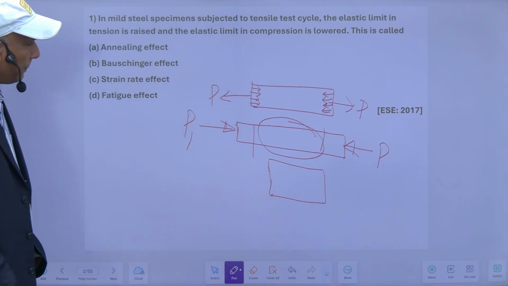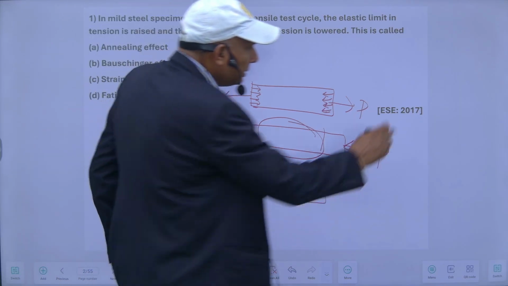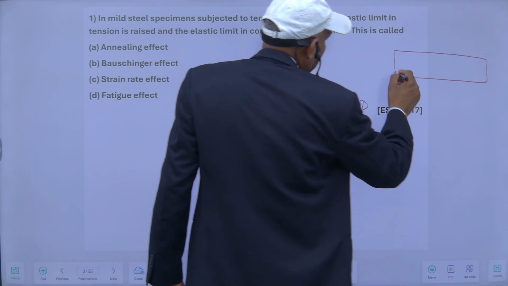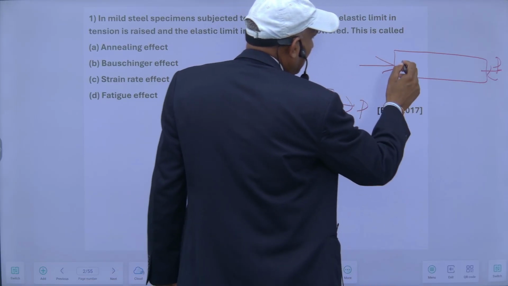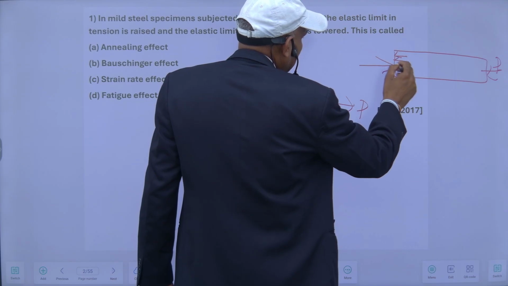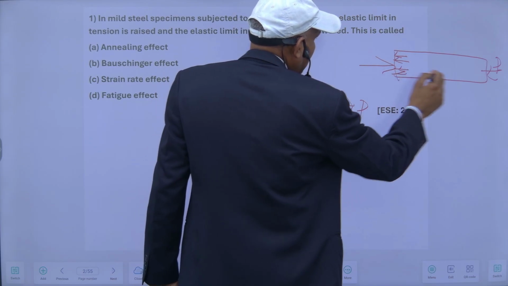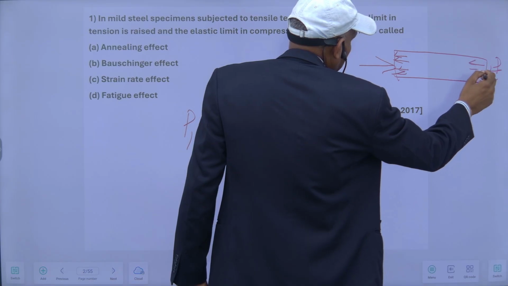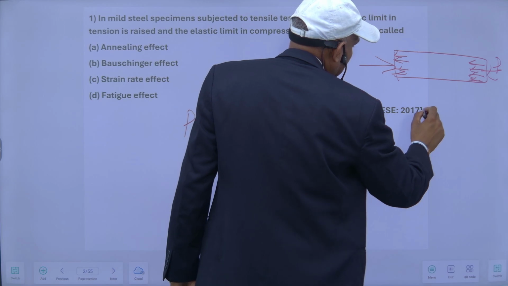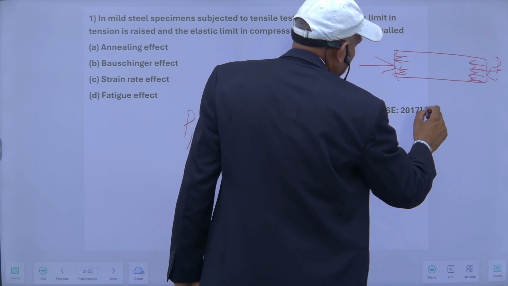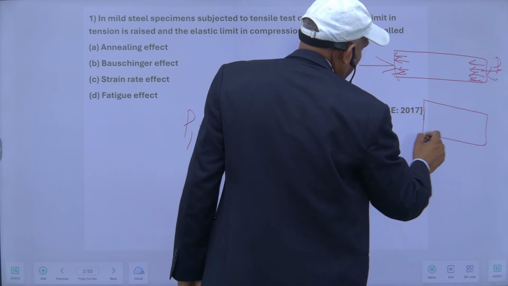Now oppositely, suppose initially this is my bar and you have applied a compressive force. Now what will happen? There is a tensile force here, and suppose these are the final positions.